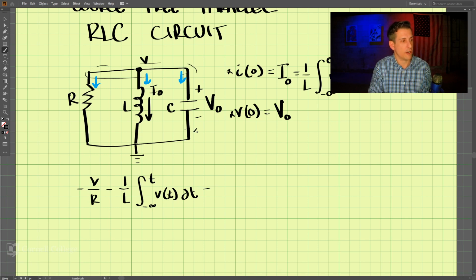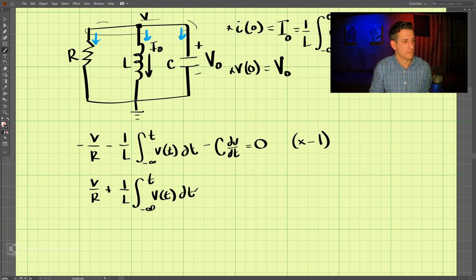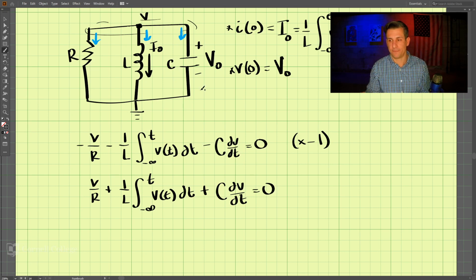And then we have the current across the capacitor, which, remember, is C dV dt, and that is all equal to 0. Now we can multiply the whole equation by negative 1 and write these as positive values. So this is our equation for KCL here.